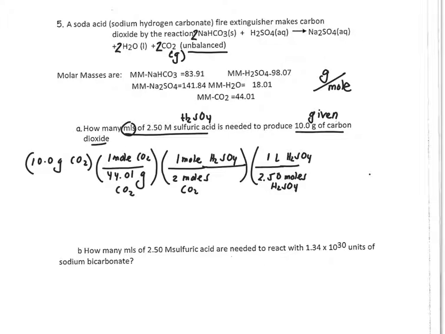Okay, but our question wants it in milliliters, so there's 10 to the negative 3 liters in 1 milliliter. So our mils of sulfuric acid needed is 45.4 mils.